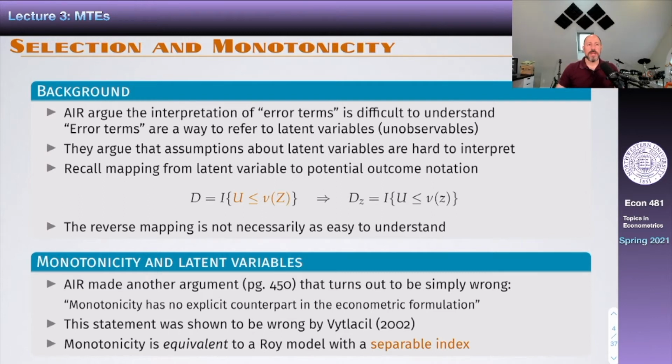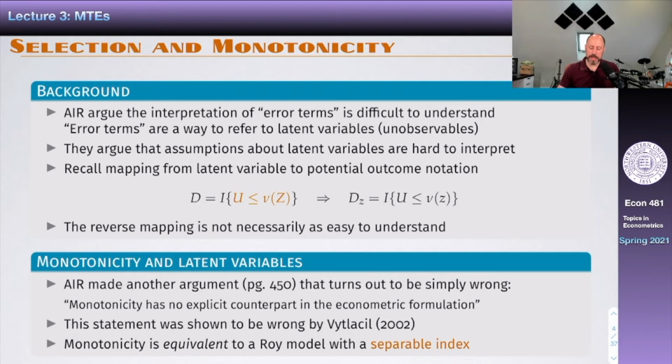And so what we're going to discuss today is that if you recall, when we talk about latent variables, we have this selection equation that says that an individual will choose D if this unobserved heterogeneity U does not exceed a threshold nu of Z, where Z here is going to be our instrument.